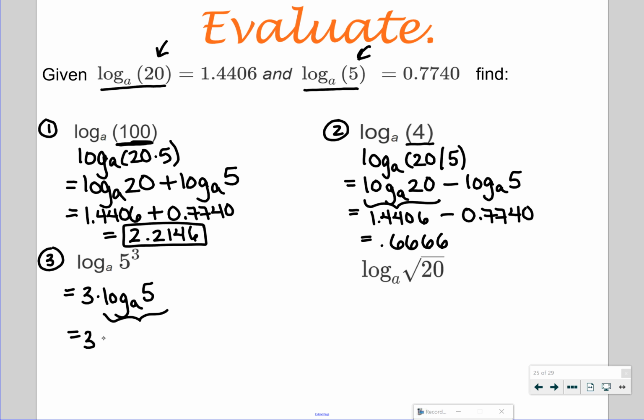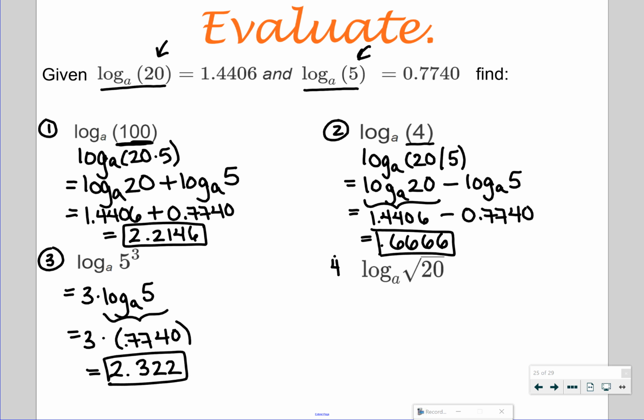So it's going to be 3 times 0.7740. So in your calculator, 3 times 0.7740, you get 2.322. And then finally, let me circle all my answers here.